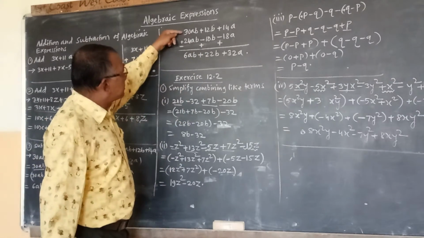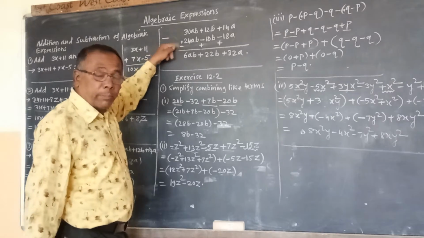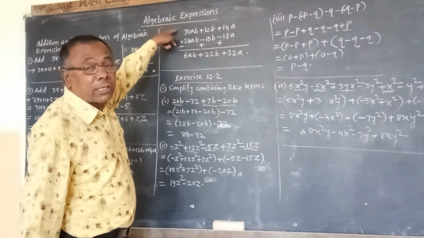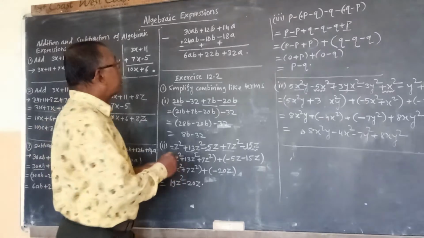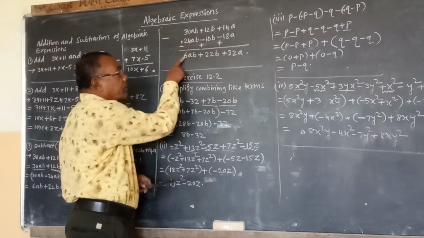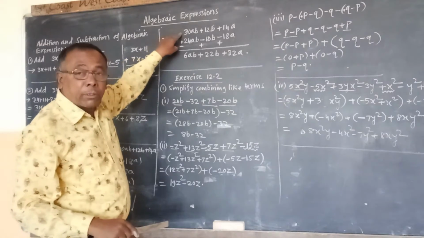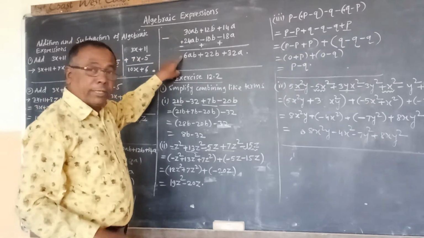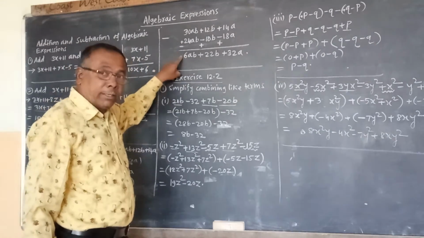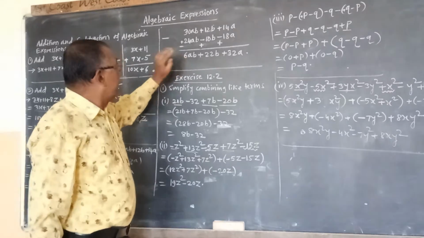And now we have to consider the signs. So here plus 30ab and minus 24ab, unlike signs are there, so we must subtract. 30ab minus 24ab will be 6ab, and give the sign of the greater number, which is plus. It is not necessary to write the positive sign here.